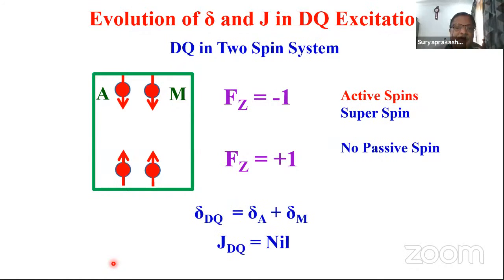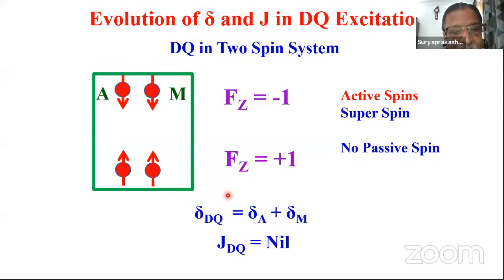So in a double quantum transition, A and M simultaneously undergo transition. As a consequence, the total chemical shift will be the sum of the chemical shift of A and the chemical shift of M. So in the double quantum dimension, you will get the chemical shift of both of them together.